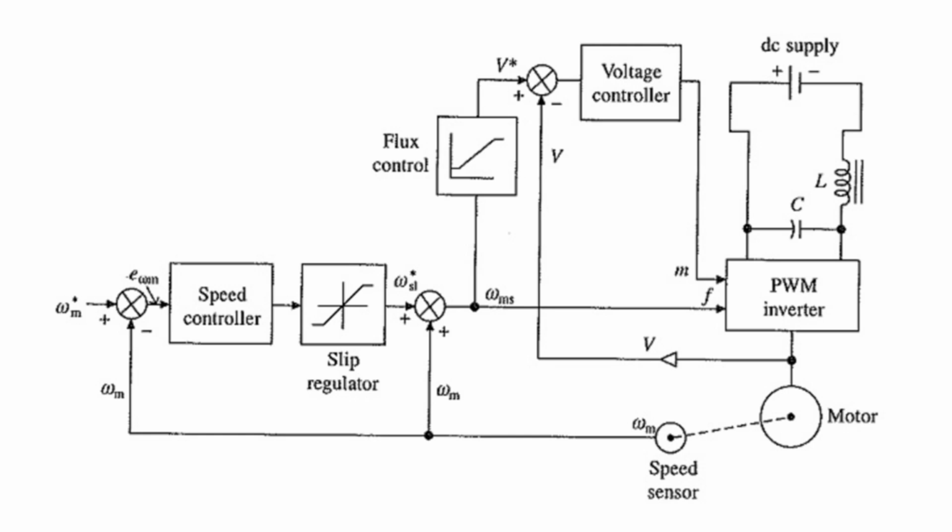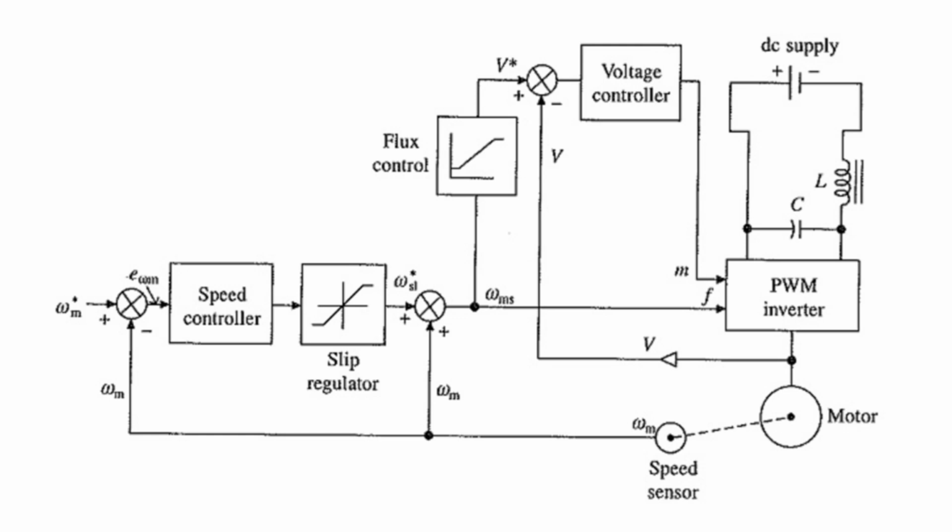So how it operates: generally you are measuring the motor speed error. How you get this speed error is that the speed sensor senses the actual speed, which is compared with the reference speed omega m star, and the error is measured. This speed error is passed through the speed controller.